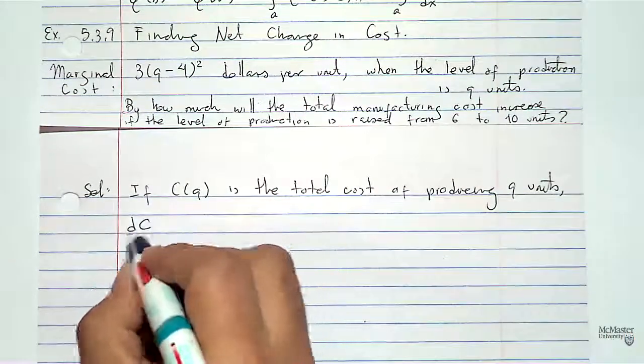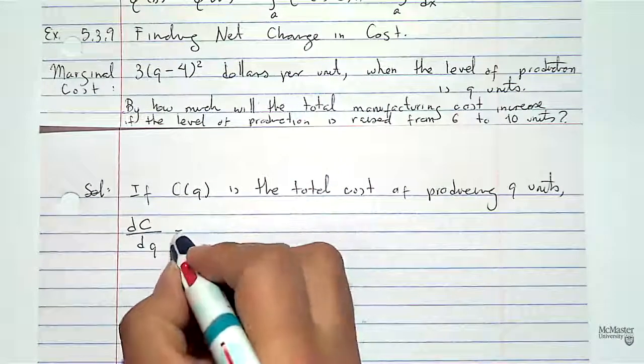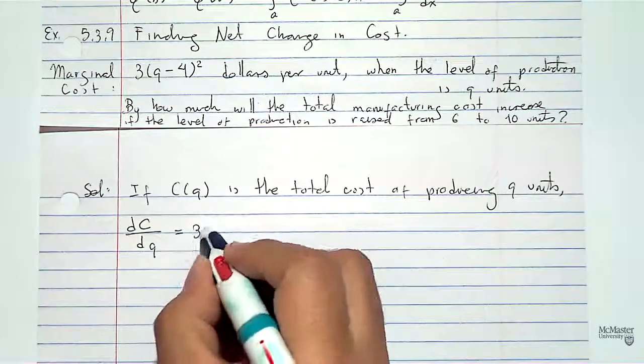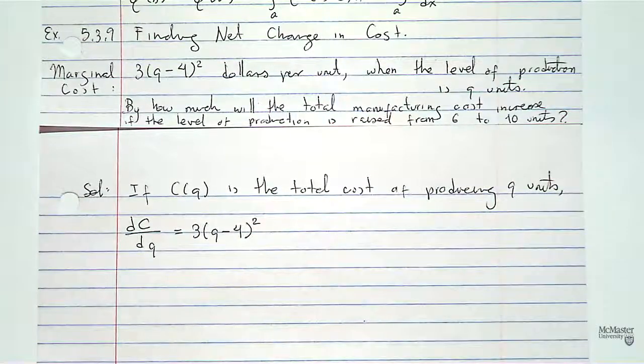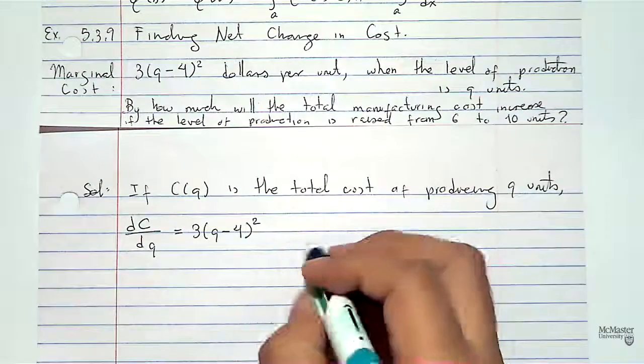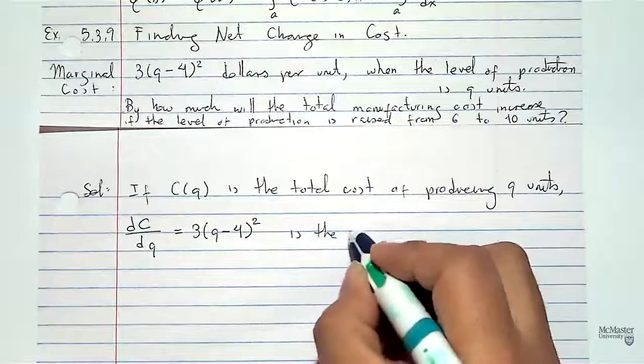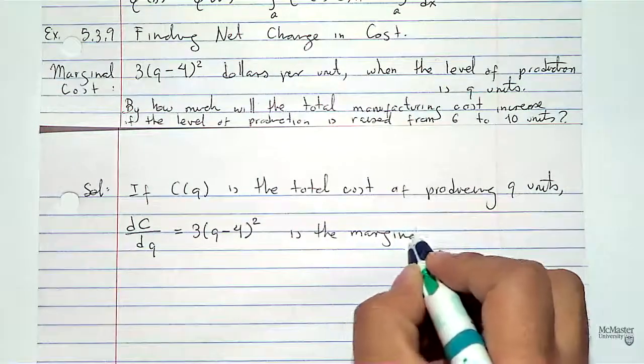So that means that this marginal cost is the function dC over dQ, which is 3 times (Q minus 4) squared, right? That is the marginal cost by definition, this derivative.